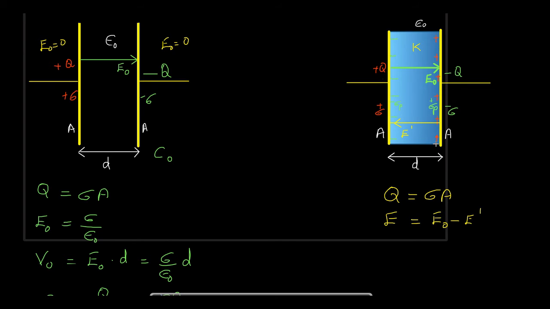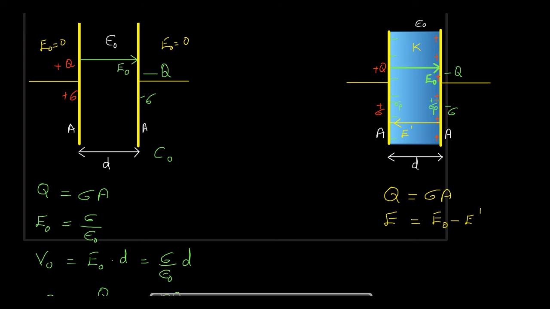Due to these induced plane sheets of charges, an additional electric field E dashed is produced in the dielectric. And this E dashed is opposite to the existing electric field E naught. Hence, a net electric field appears in between the plates of the capacitor, that is E. E equal to E naught minus E dashed.